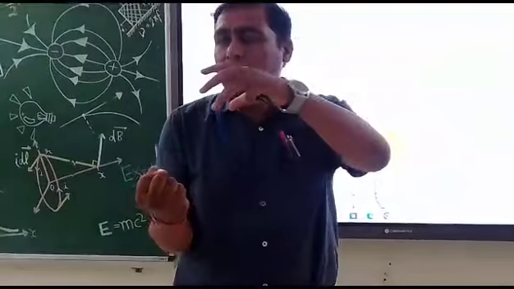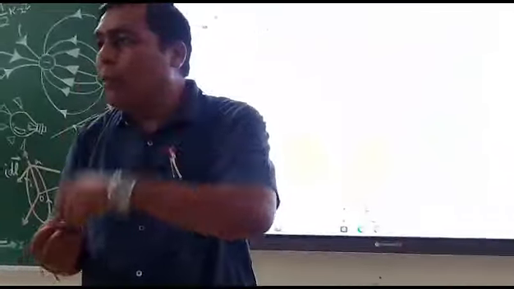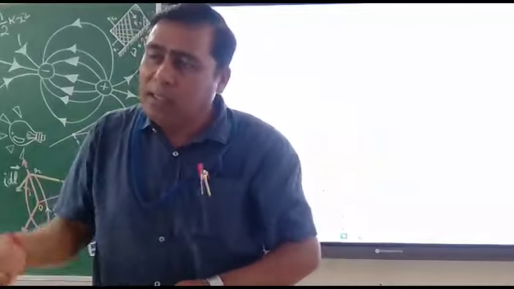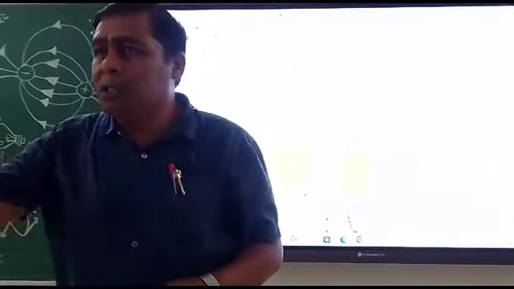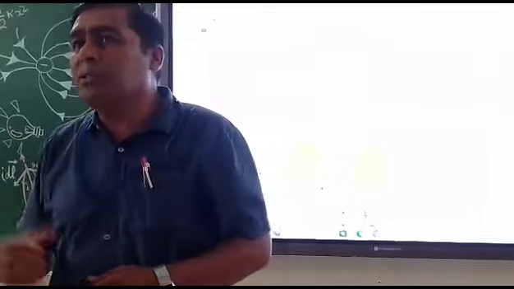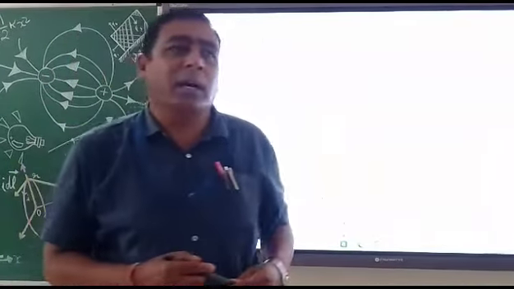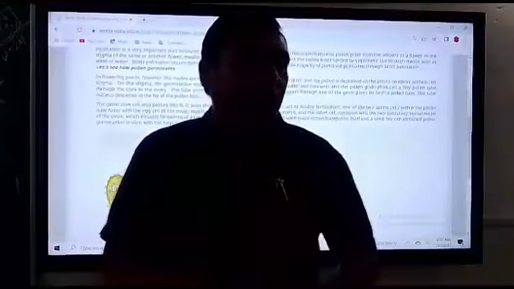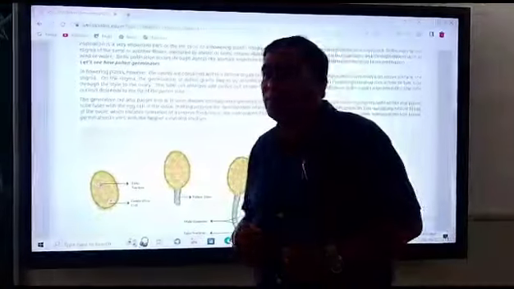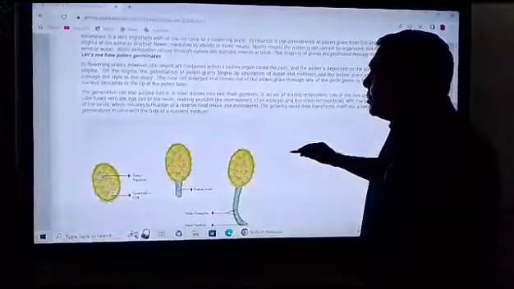It helps to identify the pollen from the same species. Then only it will be able to germinate. Germinate here means to form the pollen tube. That is what we have to see during our experiments, which we will be doing afterwards, tomorrow or the day after tomorrow.